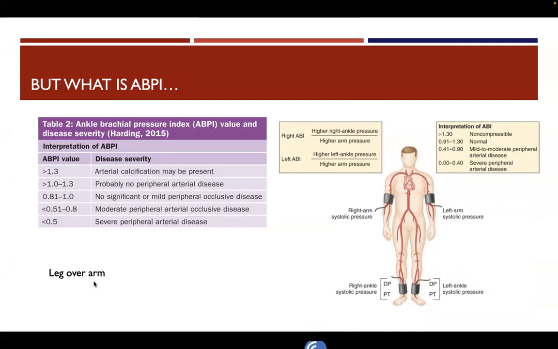And then if it gets lower, that pain is not just when they're walking a certain distance, they will start to get it at rest. And if you're starting to get rest pain, you're concerned about moderate or severe occlusion at that point. And once it gets less, well, 0.4 really is the cutoff. That for us is a sign of critical limb ischemia, and that becomes an emergency. And just remember the leg systolic pressure over the arm systolic pressure.